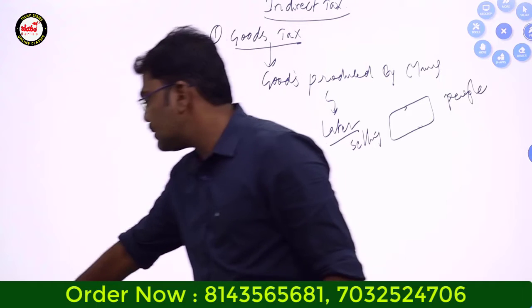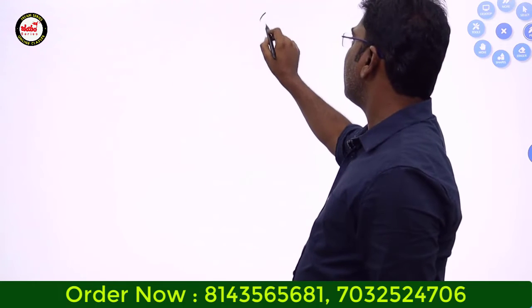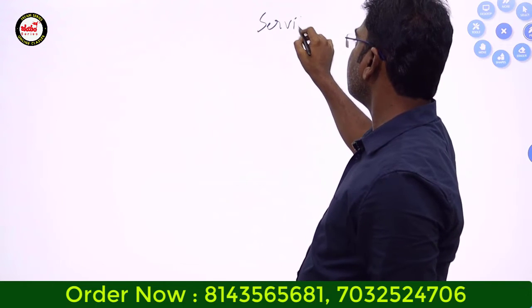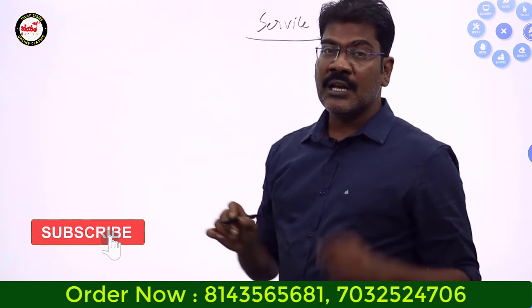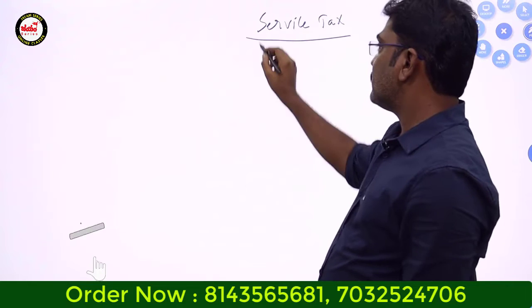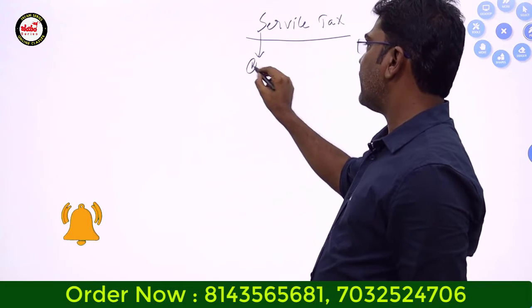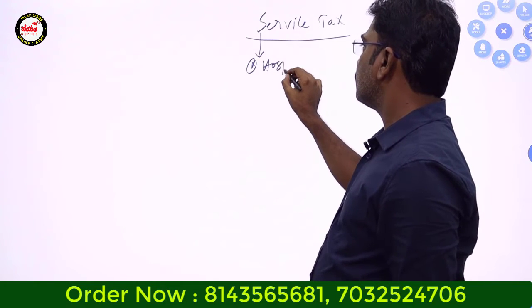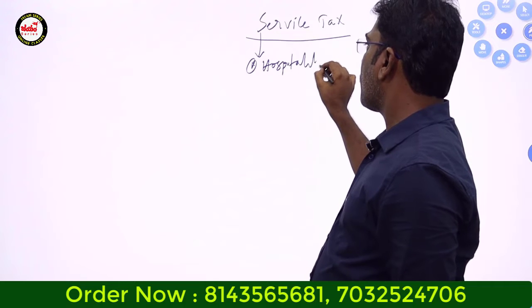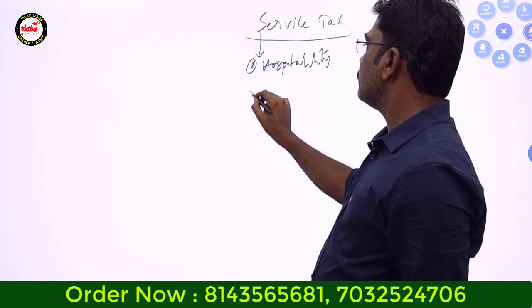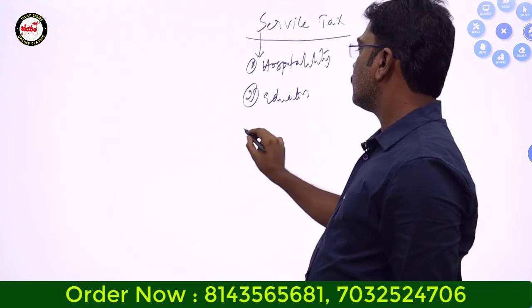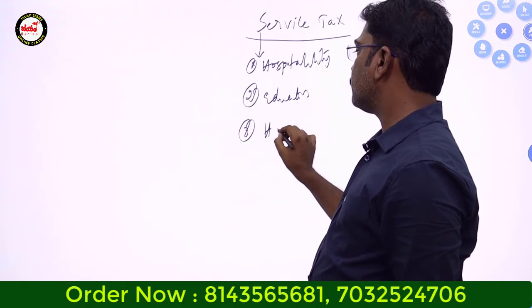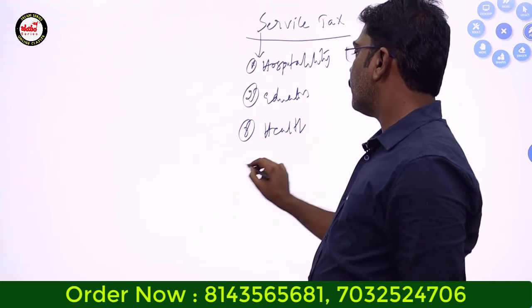Okay. Second one is service tax. So, for example, the tax which is levied on the services, like the best example, hospitality. Second is education. Third, health. Fourth, recreation.